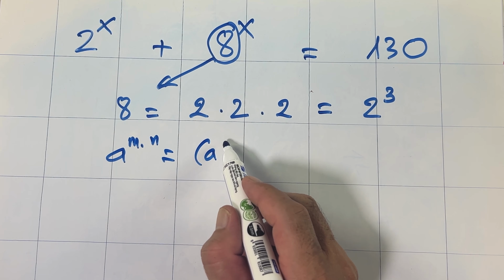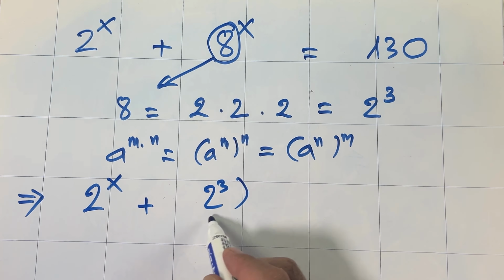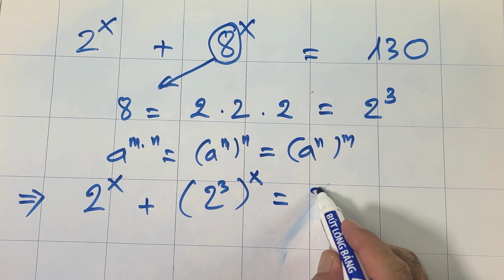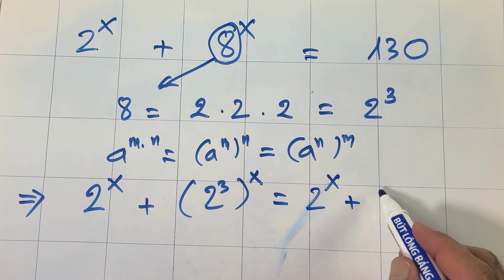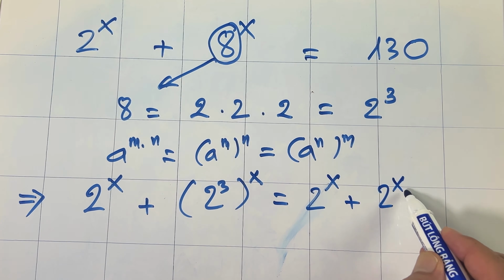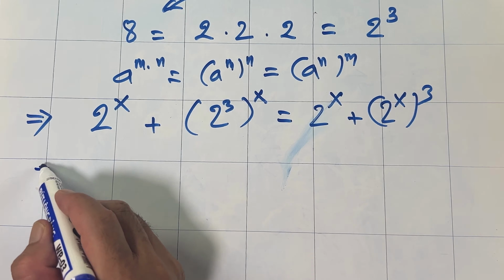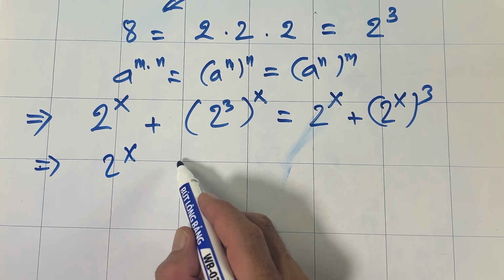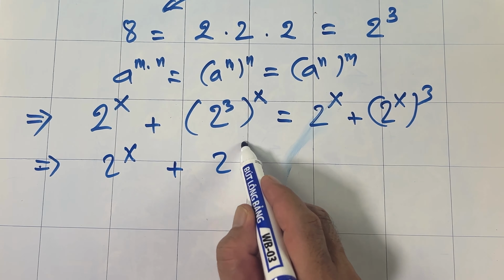Then we have 2 to the power of x plus 2 to the power of 3, all to the power of x, equals 2 to the power of x plus 2 to the power of x, all to the power of 3. Which implies that 2 to the power of x plus (2 to the power of x) to the power of 3 equals 130.